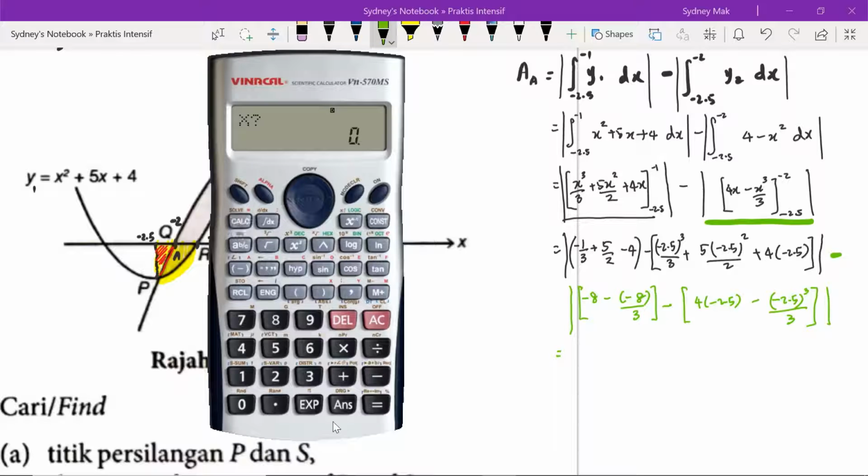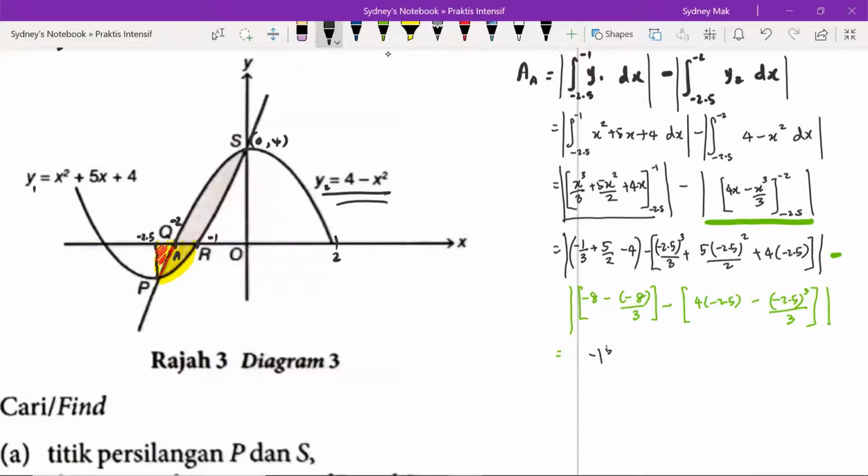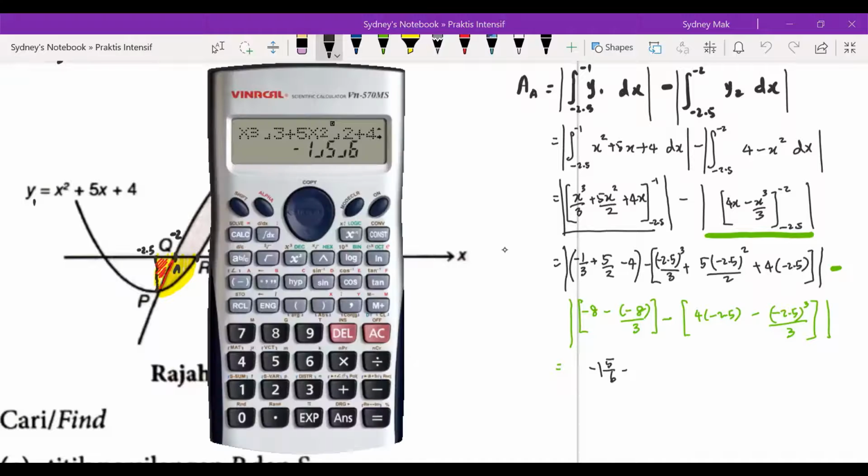And key in our boundaries, -1, upper boundary. We got -1 and 5 over 6. Okay, minus when the lower boundary is substituted in.